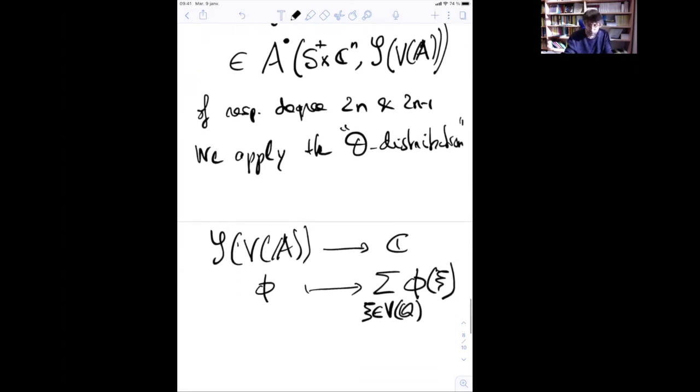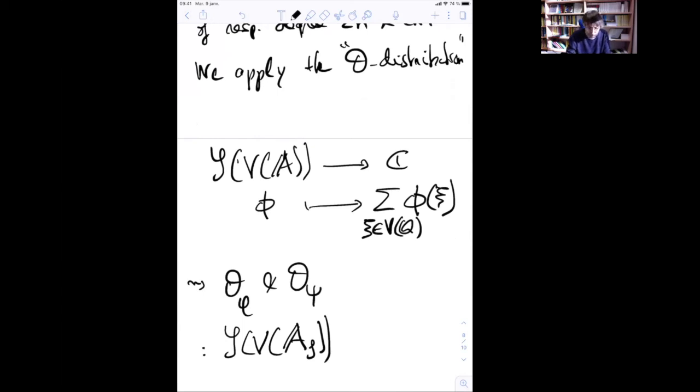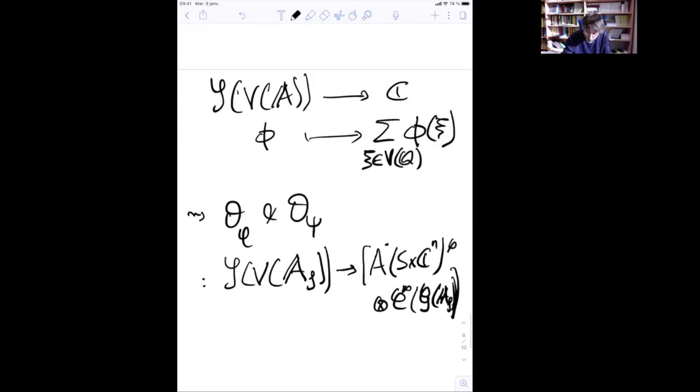So in that way, if we apply this to phi and psi, we get theta phi and theta psi that are maps that go from the Schwartz function at finite places to the differential form on S cross Cn tensored with the smooth function on the finite adele of J, A f of J. So I will explain more about this.